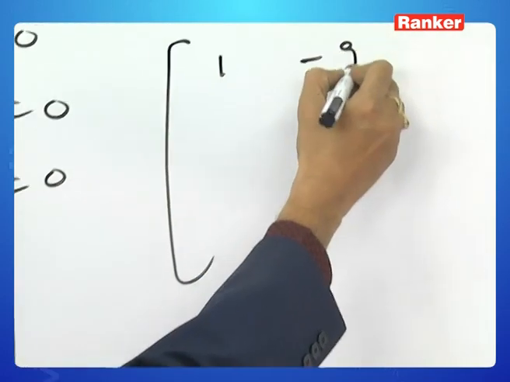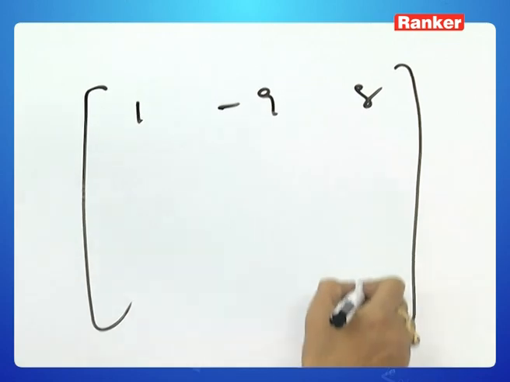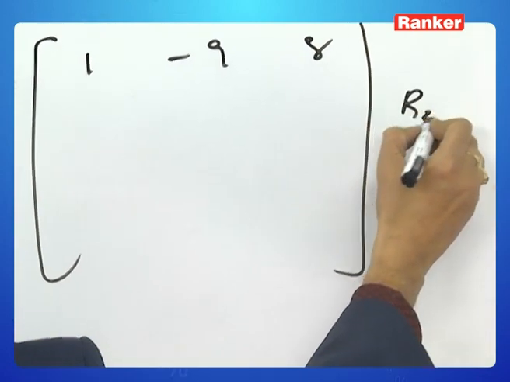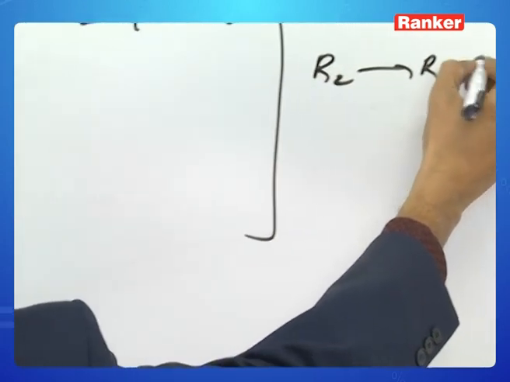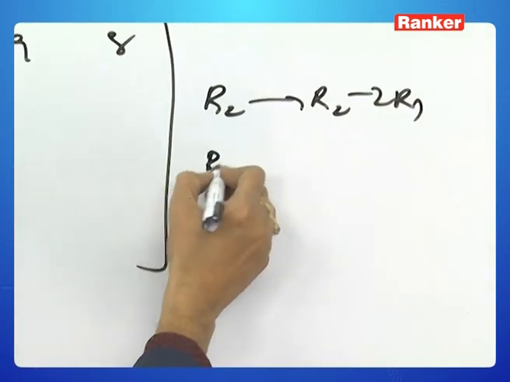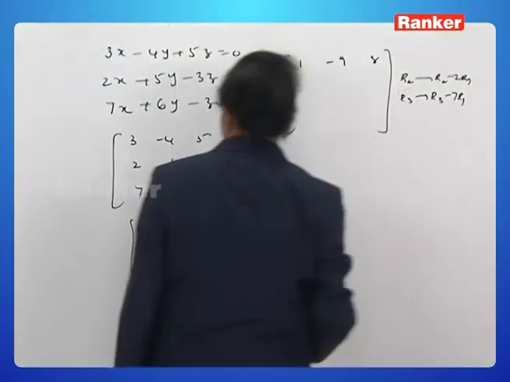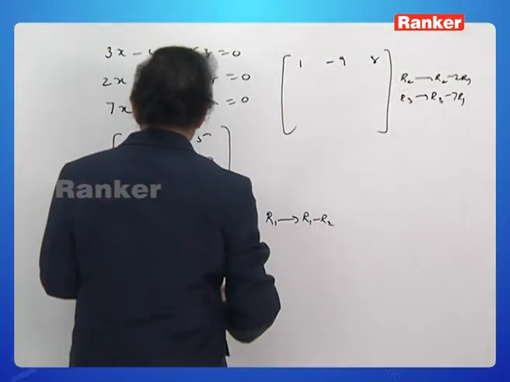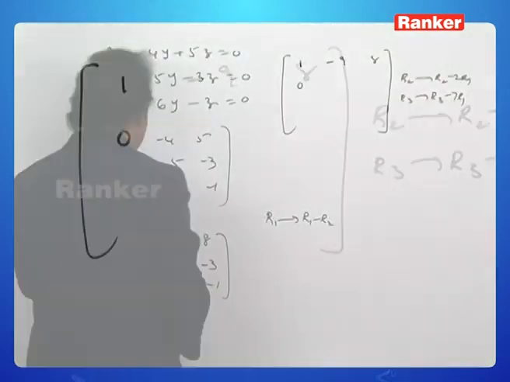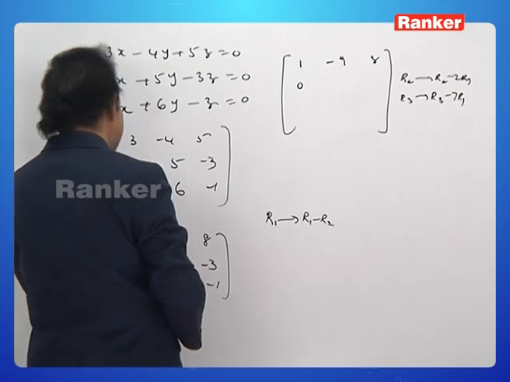1, minus 9, 8. What are the operations we have planned? R2 must be changed as R2 minus 2R1. R3 must be changed as R3 minus 7R1. 1, minus 9, 8. 2 minus 2, 0. 5 minus of minus 18, 23.